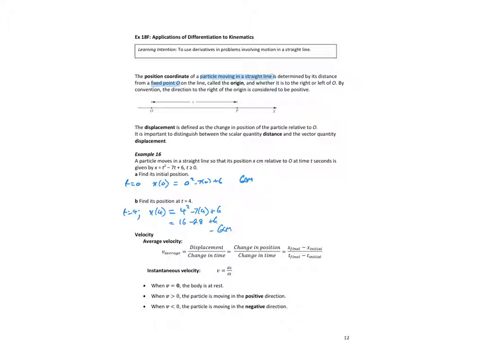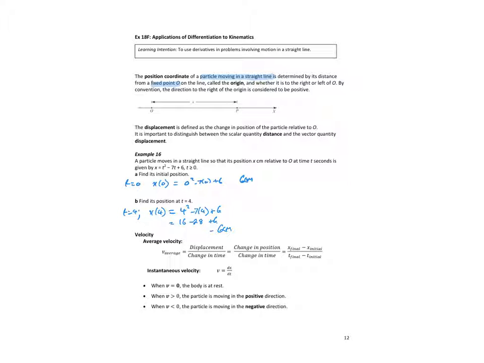So over that 4-second period, the distance I've travelled is more than likely the 6 centimetres where I was to the negative 6 centimetres. So I've travelled 12 centimetres, but my displacement from the origin is 6 centimetres. Okay?